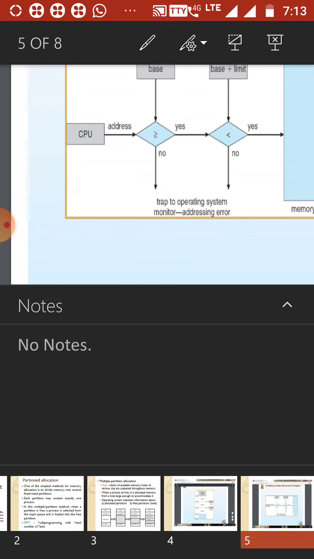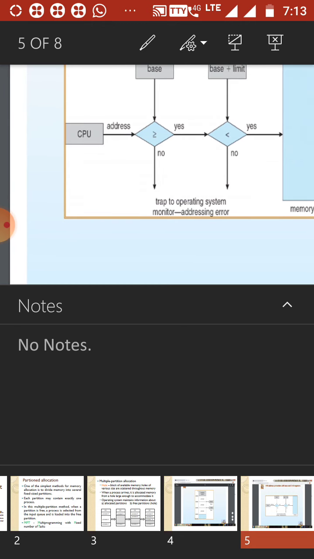Because in partitioned memory management, the entire user memory area is divided into many partitions, and in each partition one user program is loaded and executed.